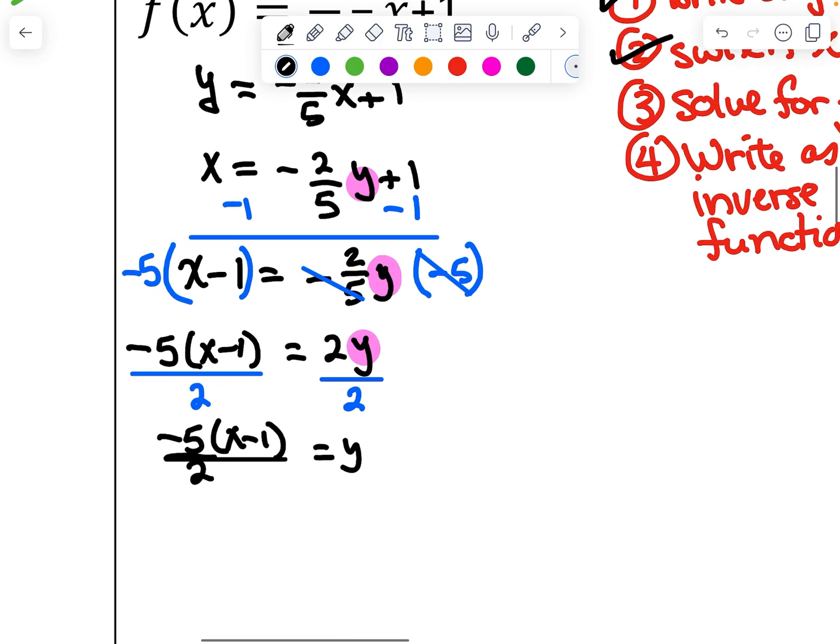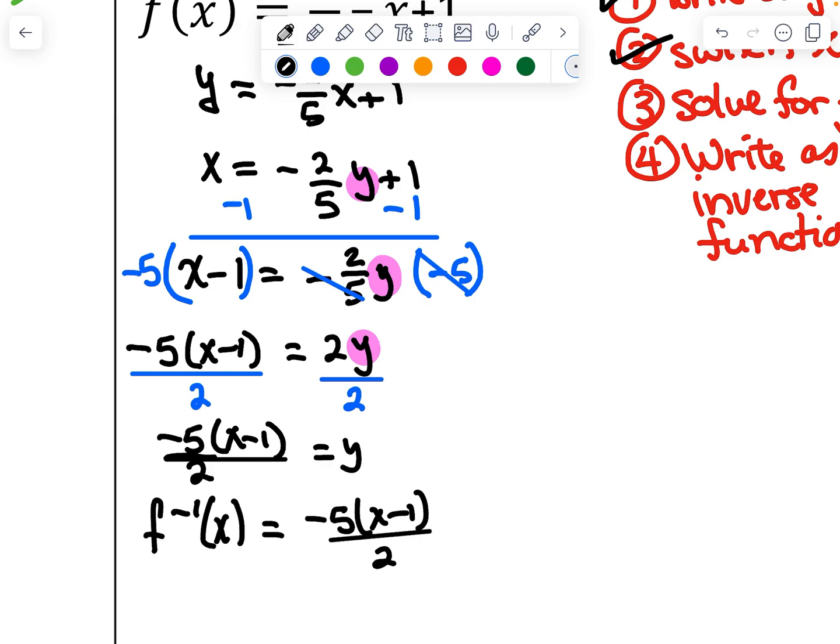And then if we're going to write it as an inverse, we would say the inverse of f of x would be equal to negative 5 times (x minus 1) divided by 2. And we could write it in that way.